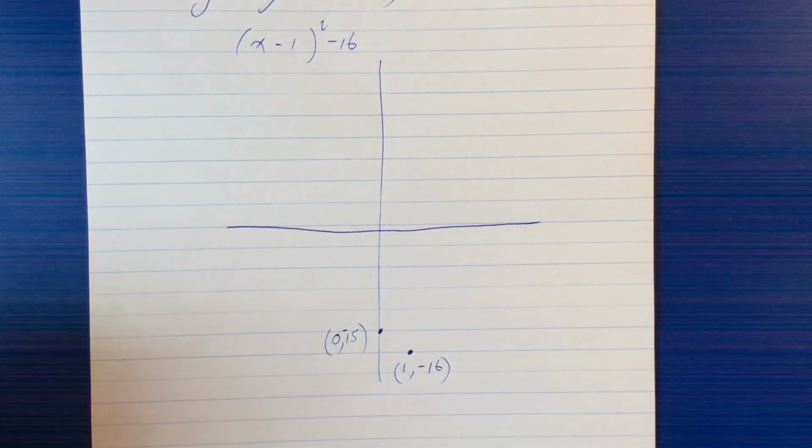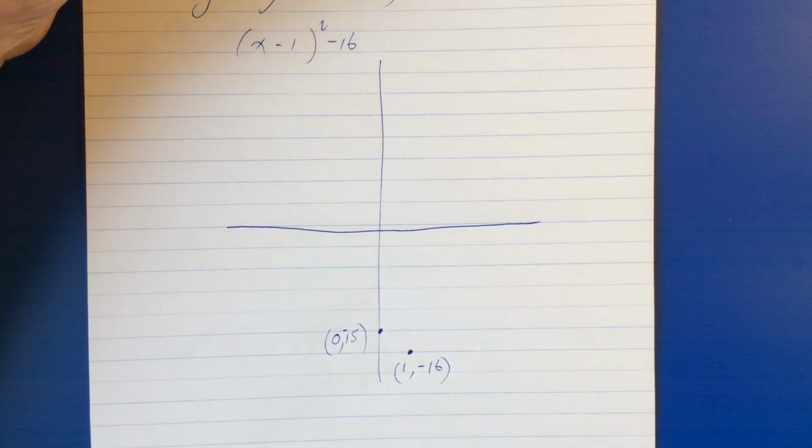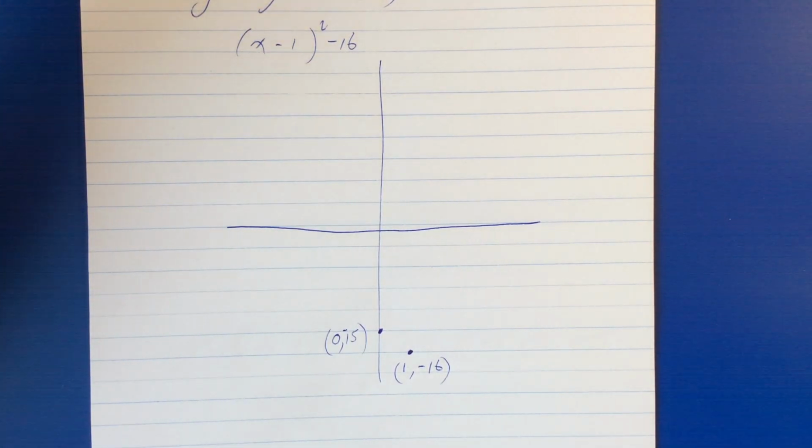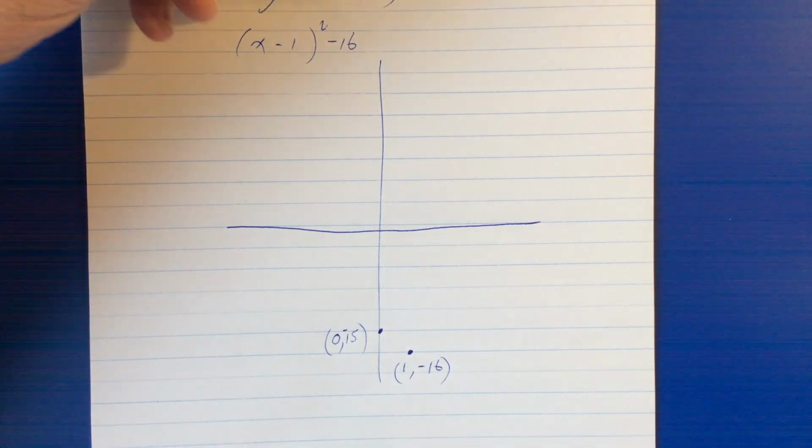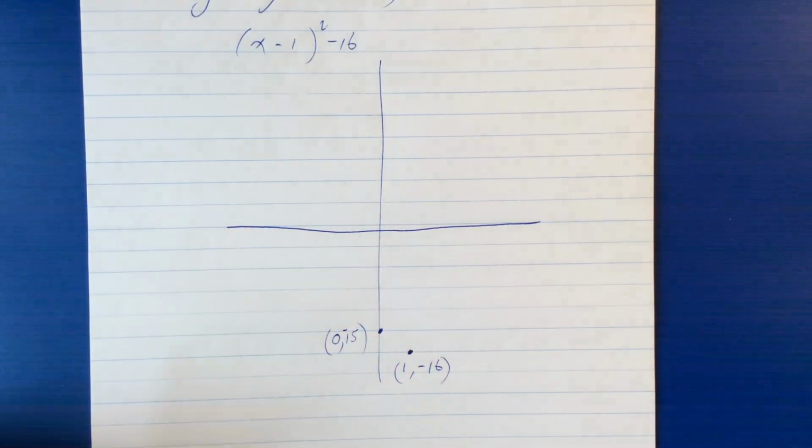Now, I hope that made some sense. What I did was I did what this instructed, which was to take -1, make this equal 0, so this is -1, and raise it to the power of 4. So that's -1 times -1 times -1 times -1, which is 1, and subtracted 16 from it and got that point.